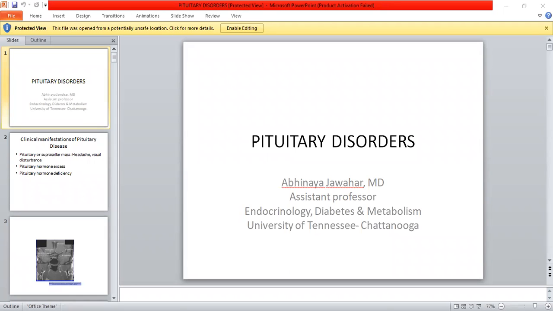So if somebody presents with a posterior headache that is diffuse, it's not right to say this does not seem typical for a pituitary headache. We need to know that it's more commonly orbital or frontal, but it could be of any kind. The headache occurs because of the expansion of the tumor, which presses upon the dura, and that causes these symptoms.